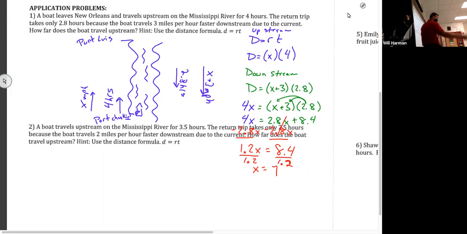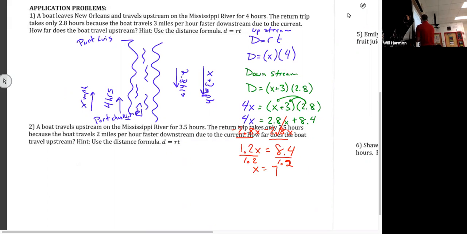We're just going at x miles per hour, okay? Now going downstream, we have the current, so we're going to move faster, right? So it's saying right here, the boat travels 3 miles per hour faster. So that was x going upstream. So x plus 3 is going downstream, right? It says it only took us 2.8 hours, right? So the blue, this work is right there.